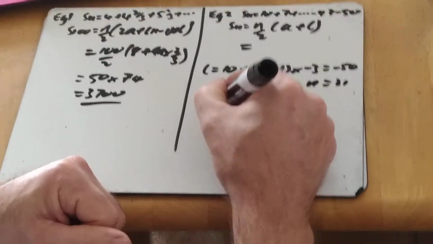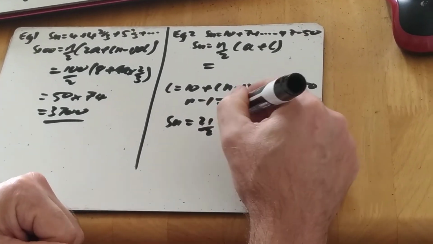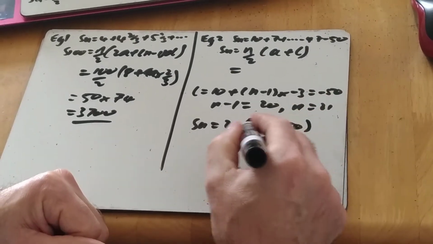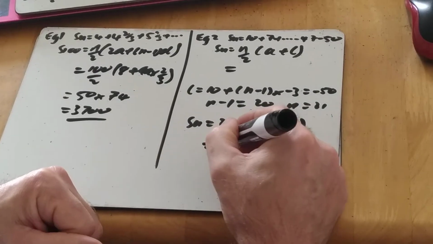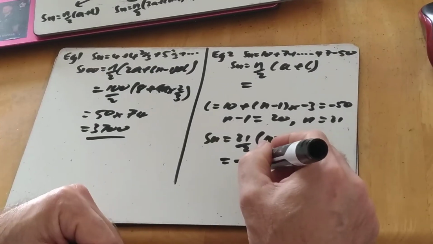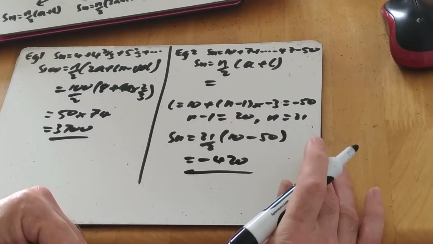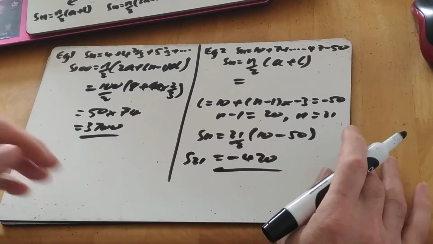I can now go back to say S n equals 21 over 2 (10 minus 50). So 10 minus 50 is minus 40, divided by 2, minus 20, so 21 times 20 is minus 420. That's my sum of the first 21 terms. I should have written S 21 there. Okay?